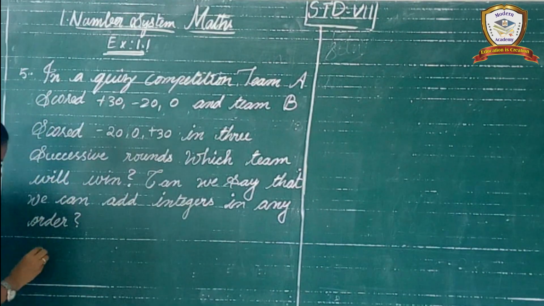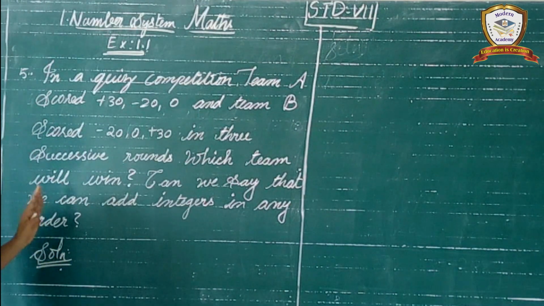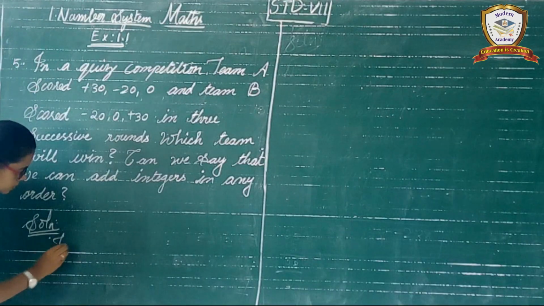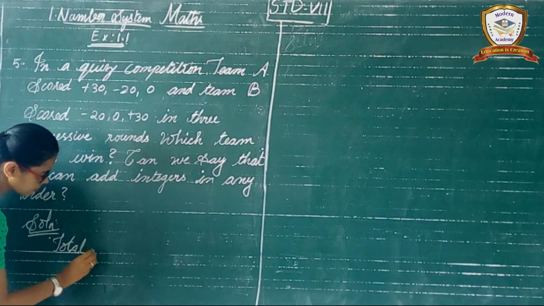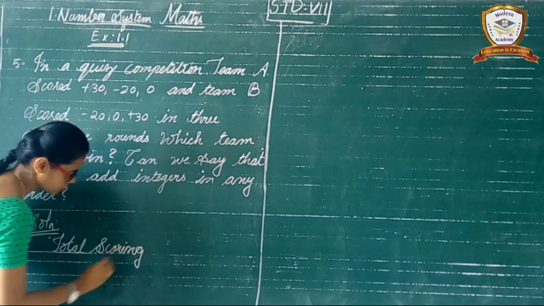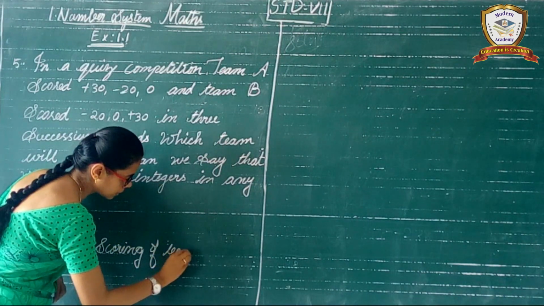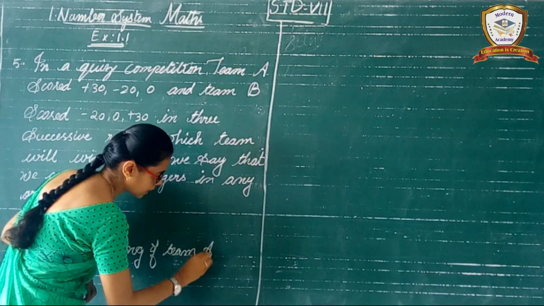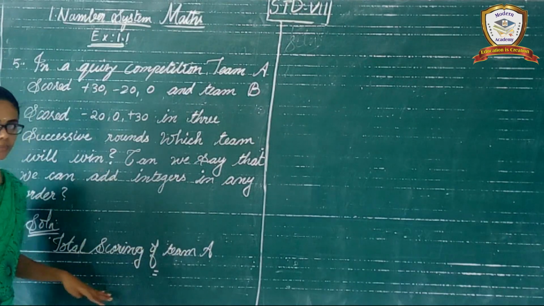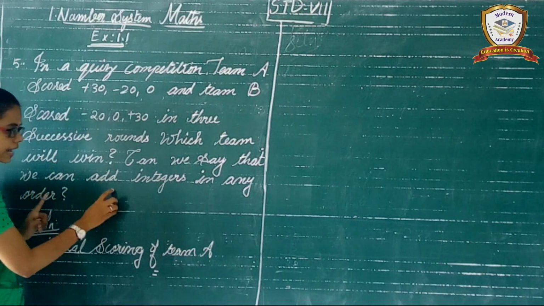Okay, listen. Solution. Total scoring of team A. Total scoring of team A means we can add, which means we can add integers.